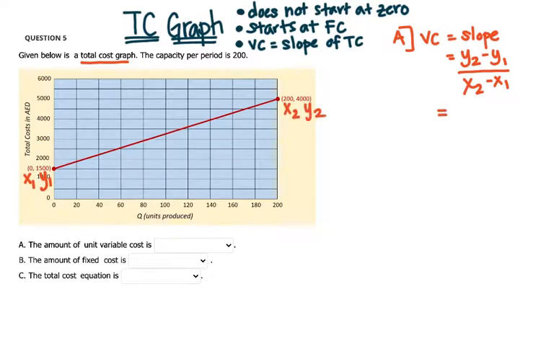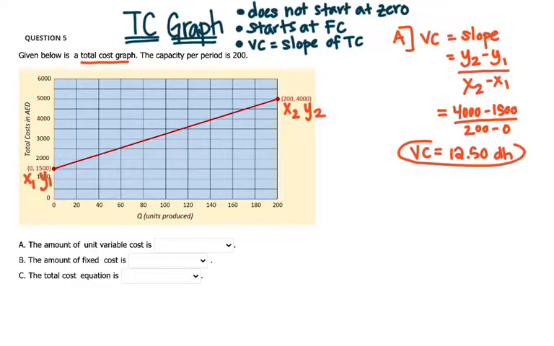So we plug in those values: 4,000 minus 1,500 divided by 200 minus 0. We will get a variable cost of 12.5. Since it's money, I'm going to say 12.50 dirhams. So whatever item I'm buying and selling, I get it for 12.50 before I sell it again for hopefully a higher amount.